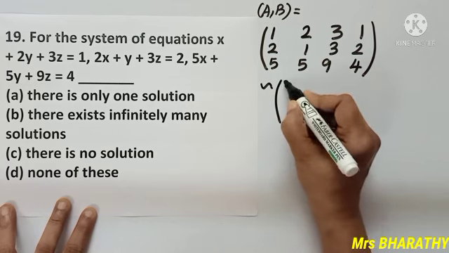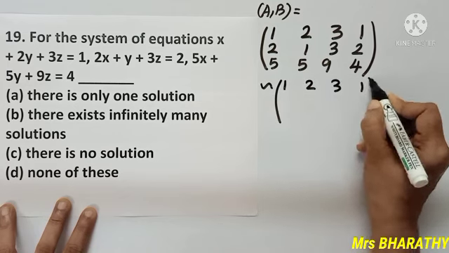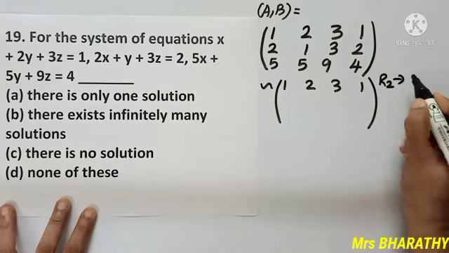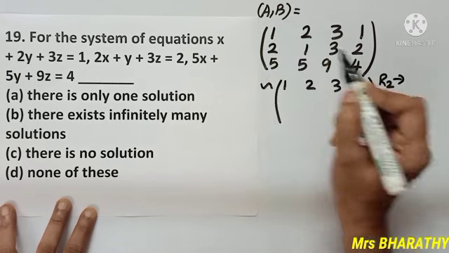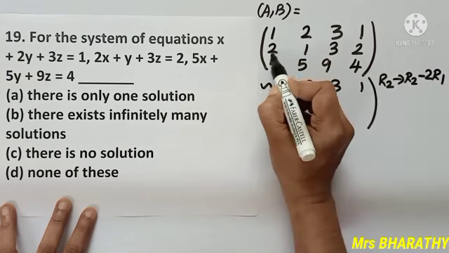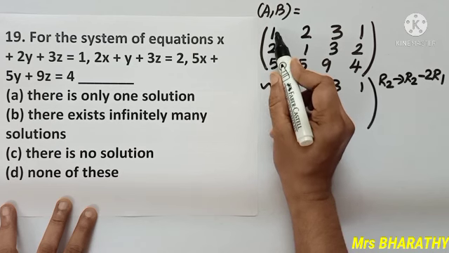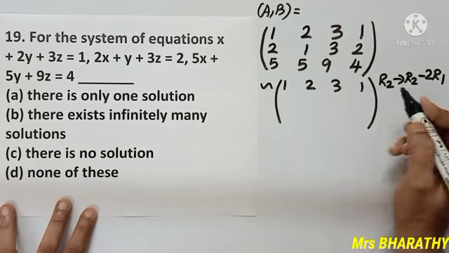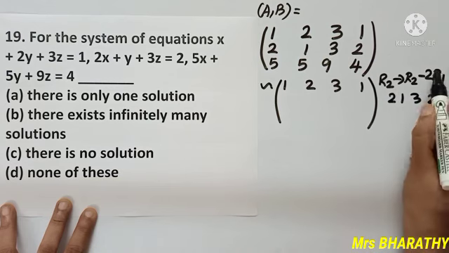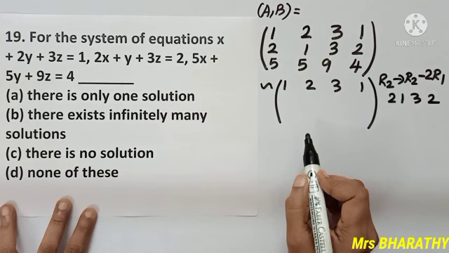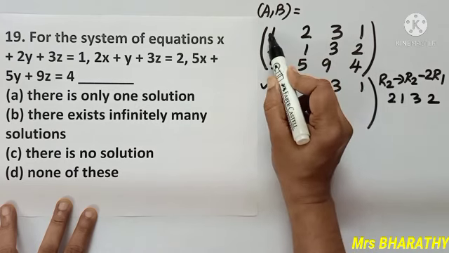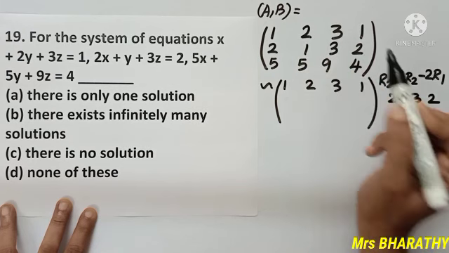First row, first element 1, write as it is. Second row, R2 becomes R2 minus 2R1. Whatever number is here, I will multiply. R2 is 2, 1, 3, 2. 2R1, every number I multiply by 2: 2, 4, 6, 2.